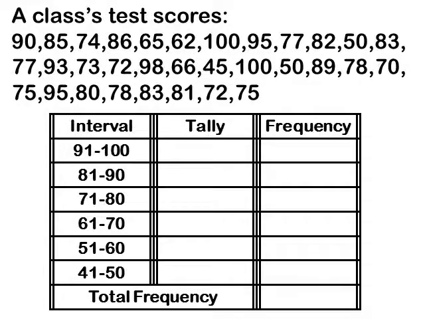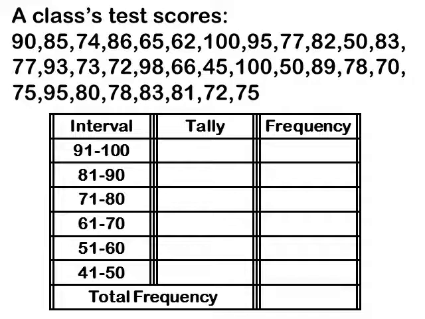Before creating our histogram, we must first organize our data by constructing a frequency table. Here you can see that the class test scores can be grouped into intervals. Each interval is the same size.